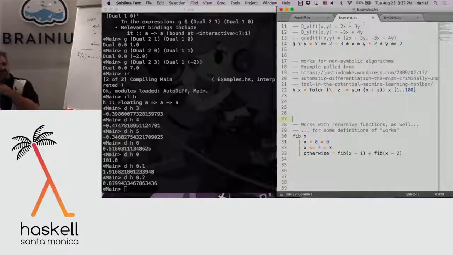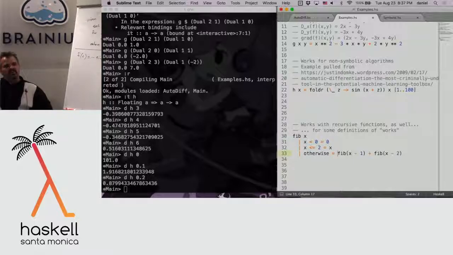This is fib. Not exactly. This is turned into a continuous function. So fib x is 0 if x is less than 0. Fib x is x if x is less than or equal to 2 and greater than 0.